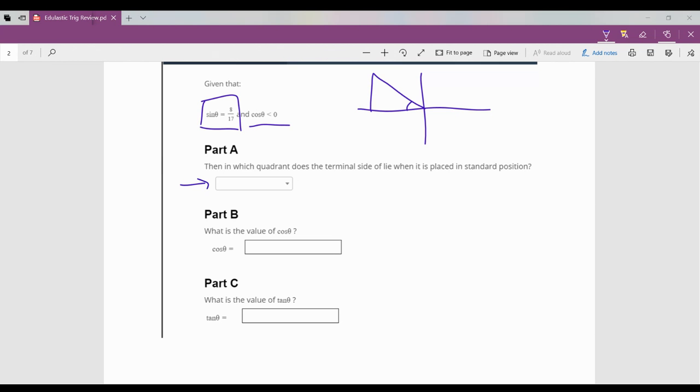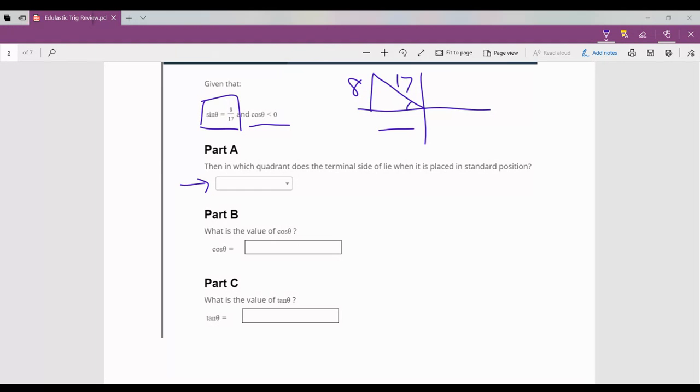So we can now answer this question. All right, what is the value of cosine of theta? And then what's the value of tangent of theta? Well, once we have the triangle drawn, I can say sine is opposite over hypotenuse. And then we have to find this side.